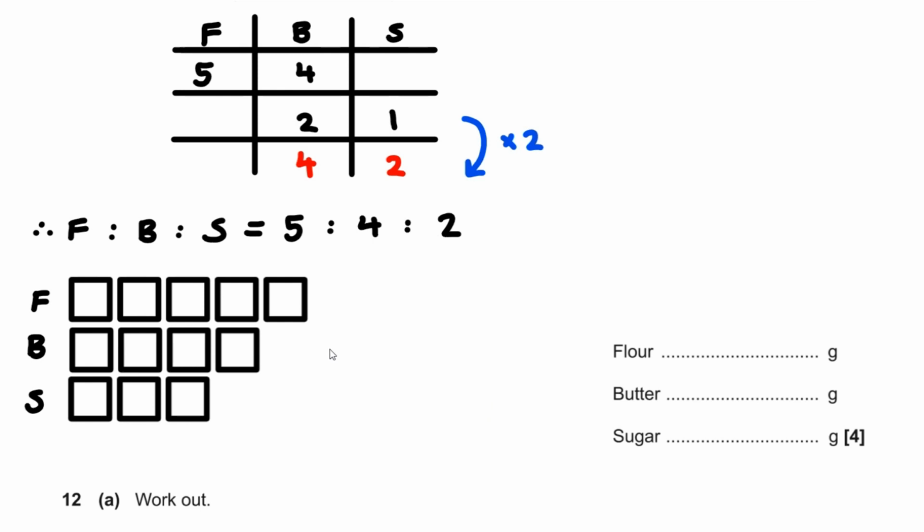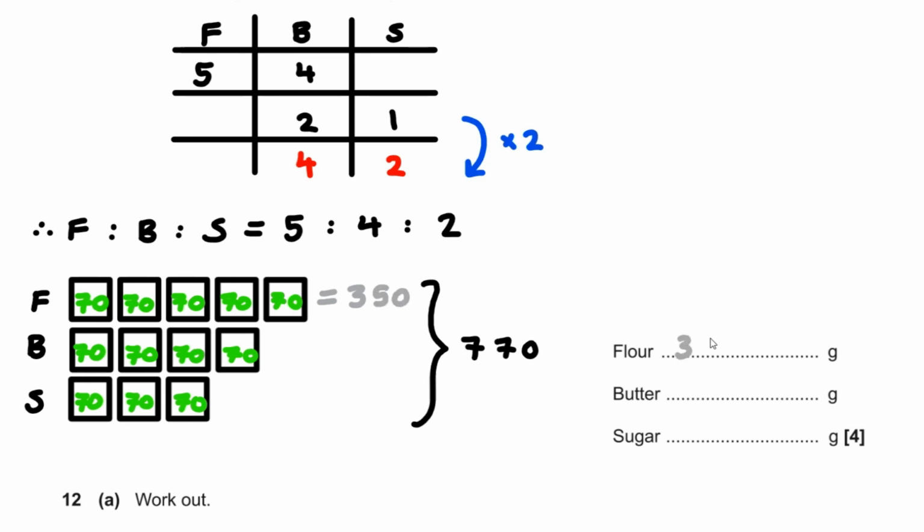Here is the ratio represented using a bar model. We have 5:4:2. We know that the total altogether is equal to 770. We have 5 plus 4 plus 2, which is 11, so we've got 11 parts, which means each part is worth 70. For flour, we've got 5 times 70, which is 350.